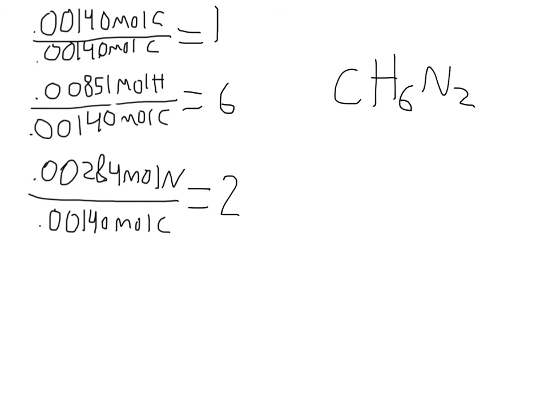Now we're going to use the rates of effusion that we were given in the problem to find the molar mass of the compound, the molecular molar mass. Then we'll divide that by the empirical molar mass.